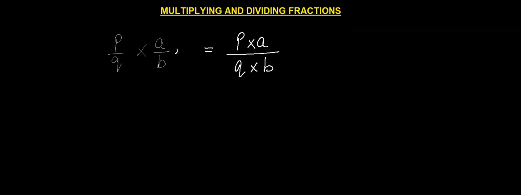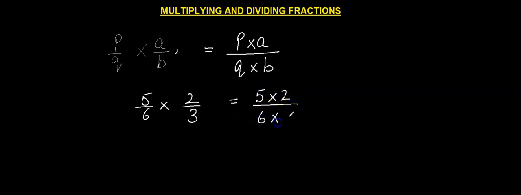Now let's understand with the help of an example. Say 5 over 6 times 2 over 3. So that would be equals to 5 times 2 over 6 times 3, and that gives us 10 over 18.